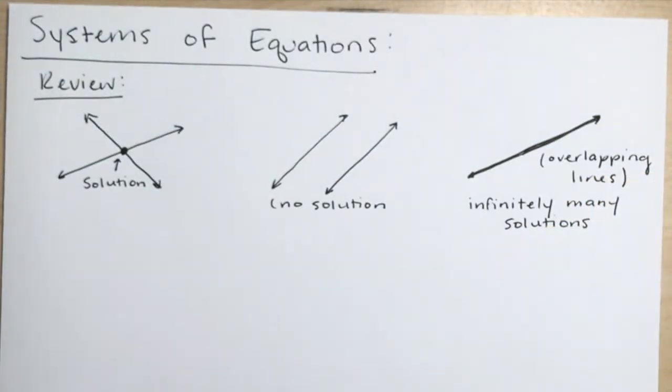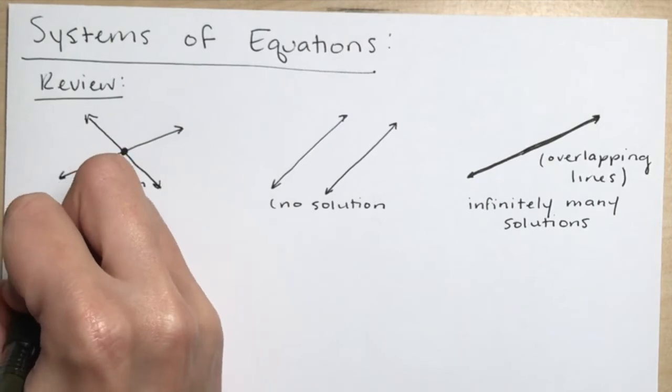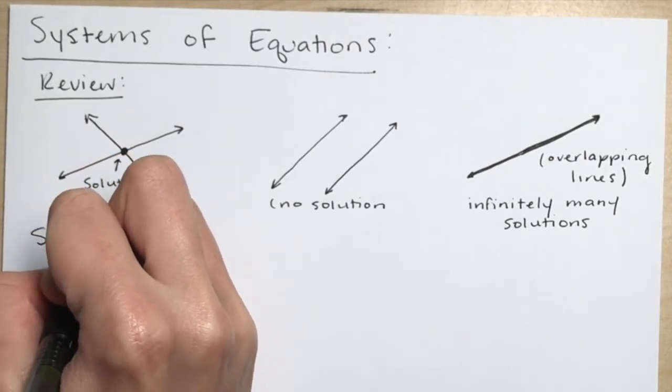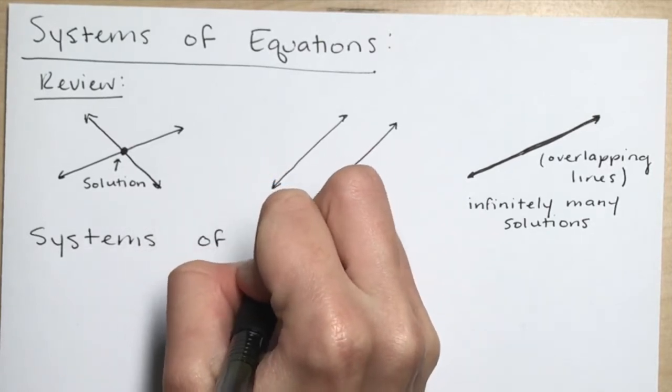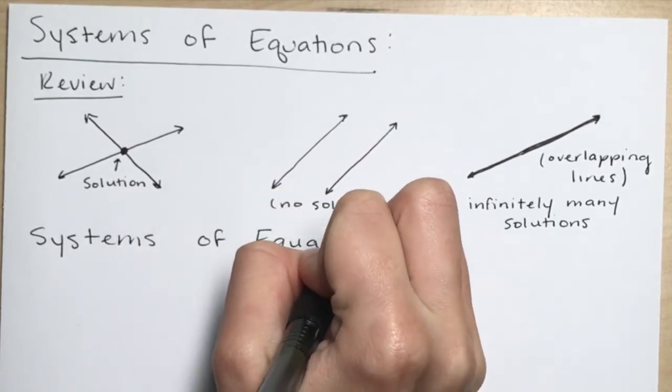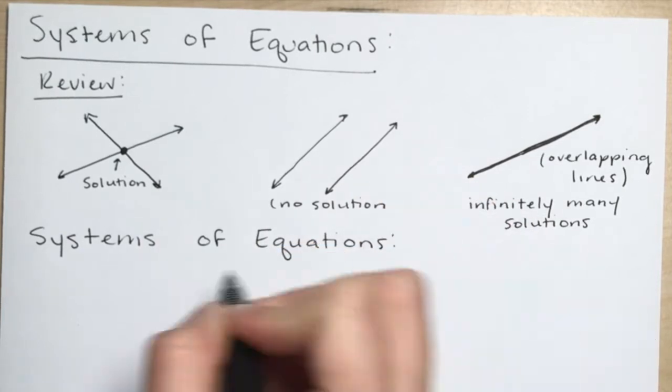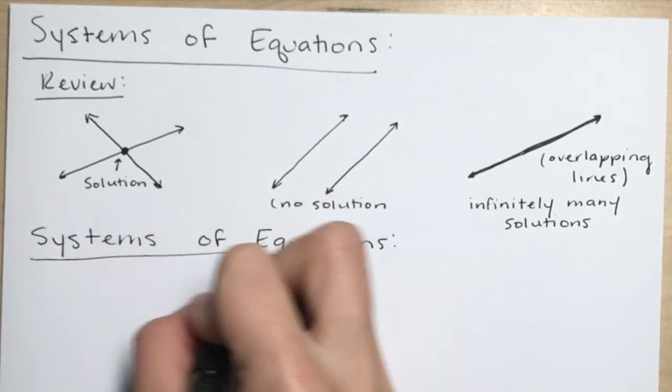So, like we've done with a whole bunch of other topics this semester, we are going to move from just looking at it in the graphical sense and moving it towards the symbolic and algebraic sense. So, the way we can represent systems in an algebraic or symbolic way is like this.